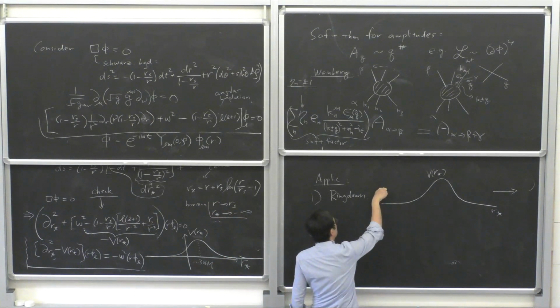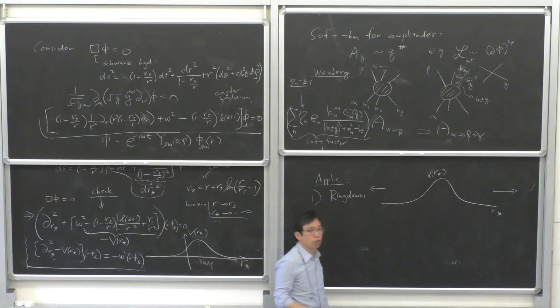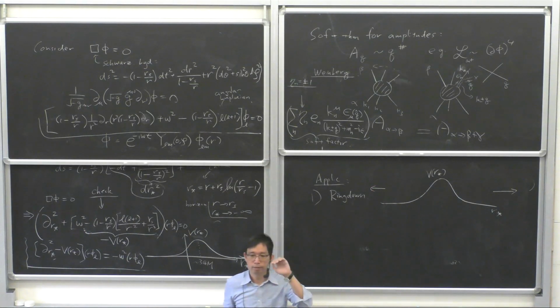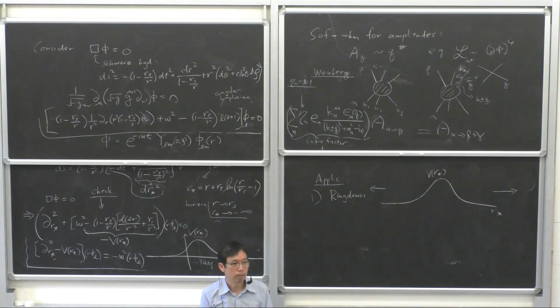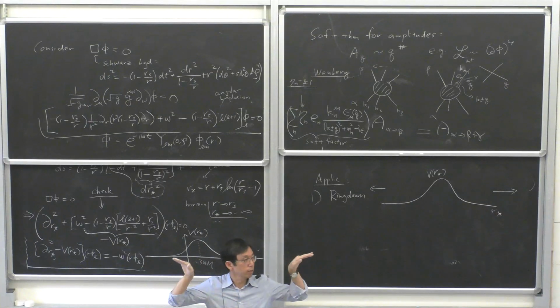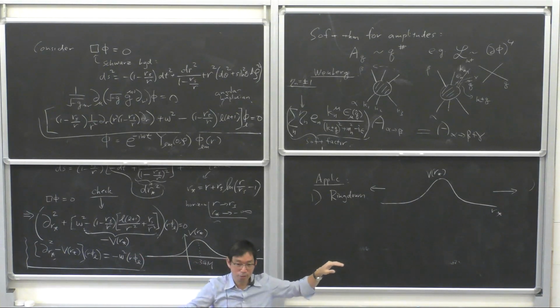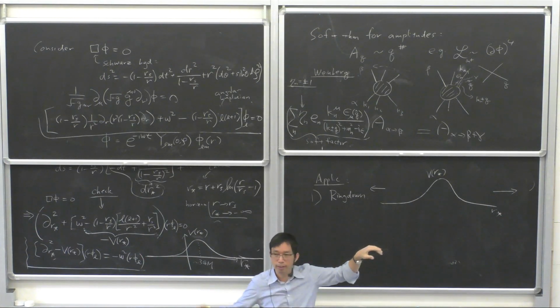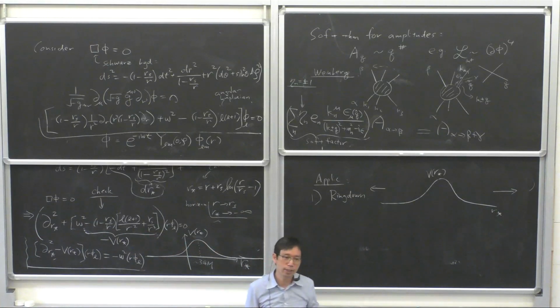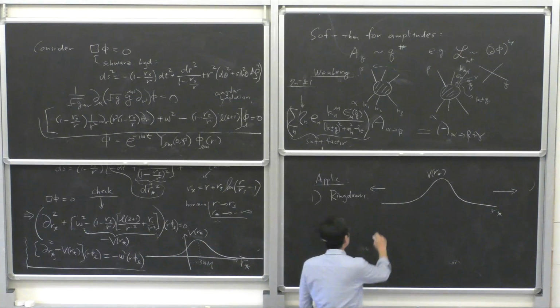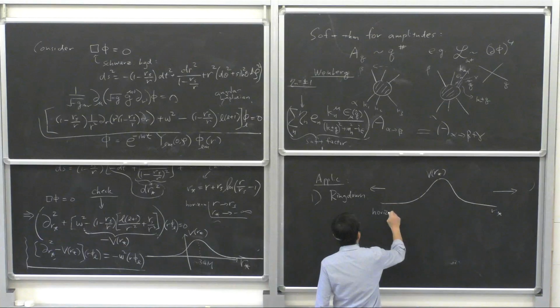And at the horizon, these modes should just fall through the black hole. They get absorbed by the horizon. If you impose these kinds of boundary conditions, outgoing at infinity, ingoing into the horizon on the other side, this is where the horizon is, I should say, right?